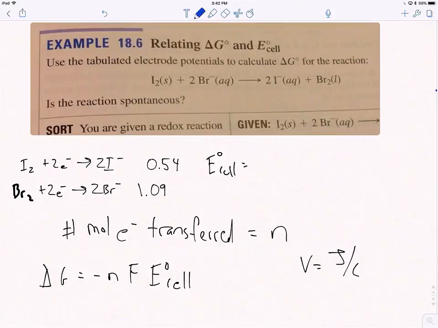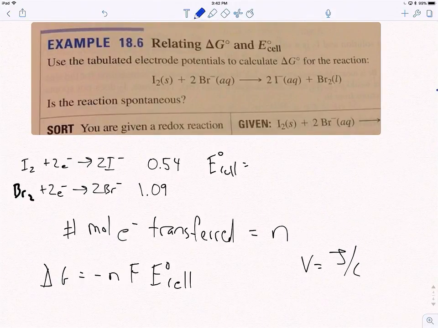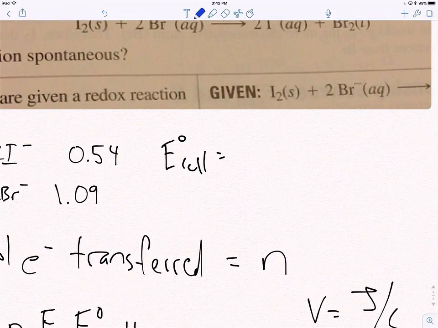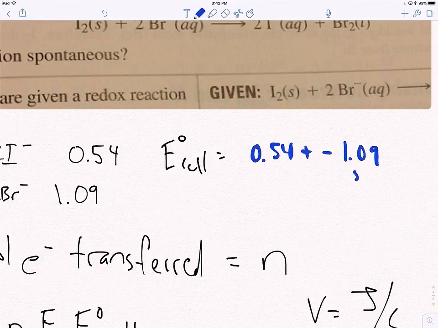So the standard cell potential here is going to be 0.54 plus a minus 1.09. So this is minus 0.55.